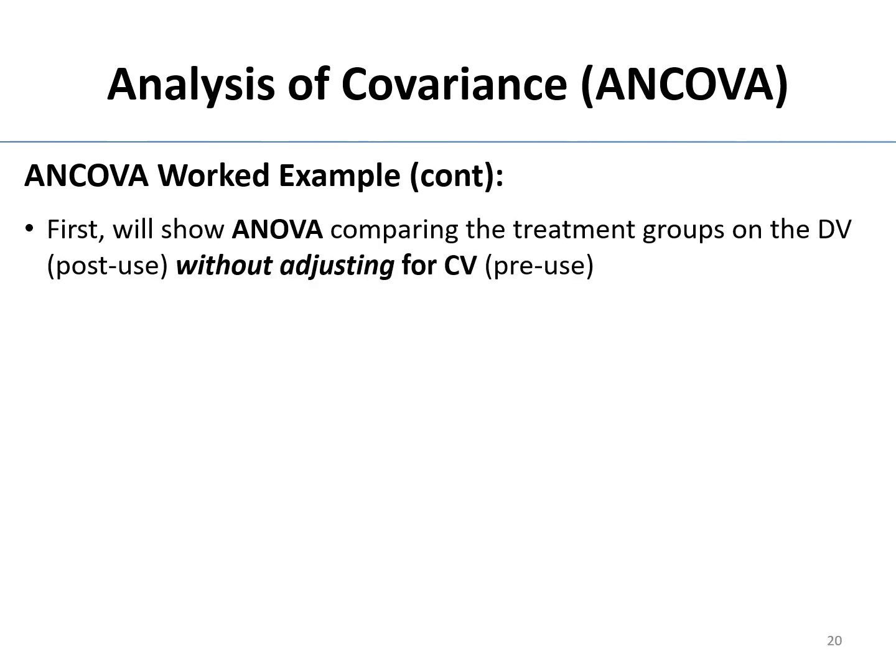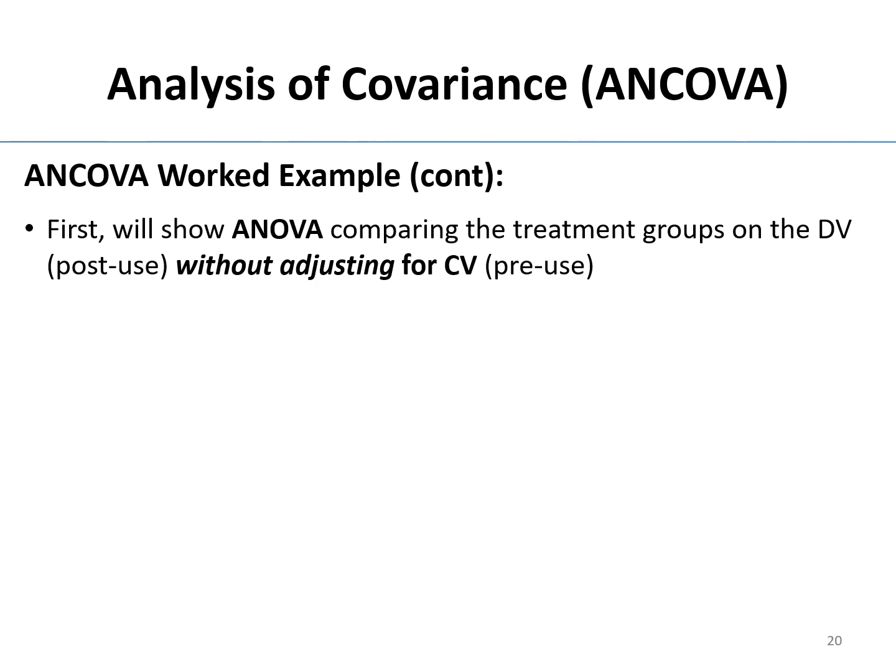Continuing our example, what I first want to do is an ANOVA, so that is no covariate, just to show you how ANCOVA works. So we're going to compare the post-treatment drug use of those going through the county and private programs without any covariate adjustment, without adjusting for their baseline drug use levels, just to show you how it changes after we do adjust.